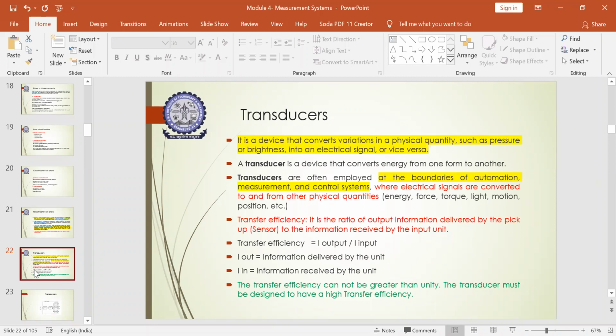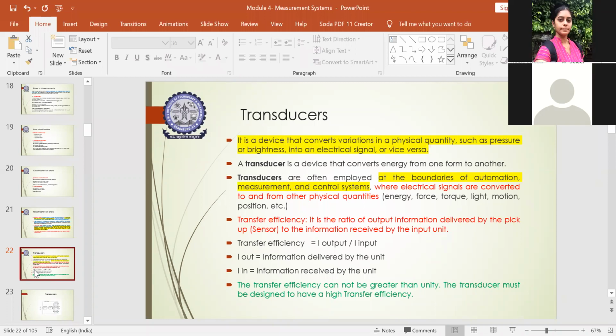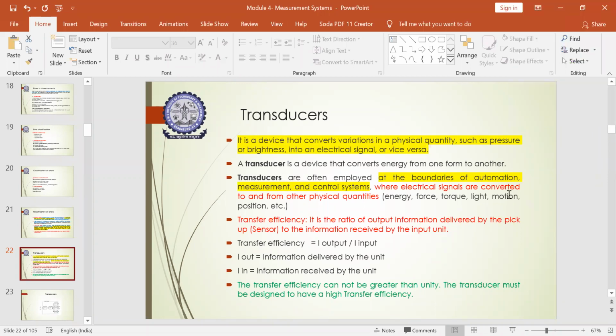So as a layman, you can define a transducer as a device which converts energy from one form into the other. It depends upon which input signal you are providing. So basically based on that, you will use the intermediate process and stages to get the required output signal.